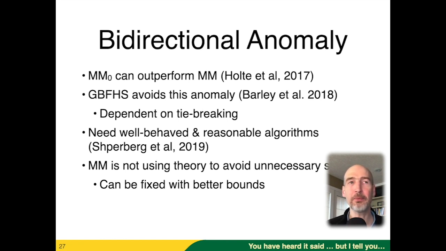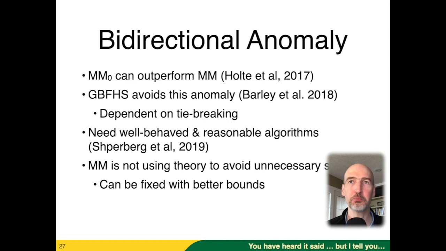And in this paper, it was observed that if we have a zero heuristic, we could outperform the algorithm with a stronger heuristic. And the anomaly that was found is a little bit stronger than the anomaly that exists for A* and breadth-first search.